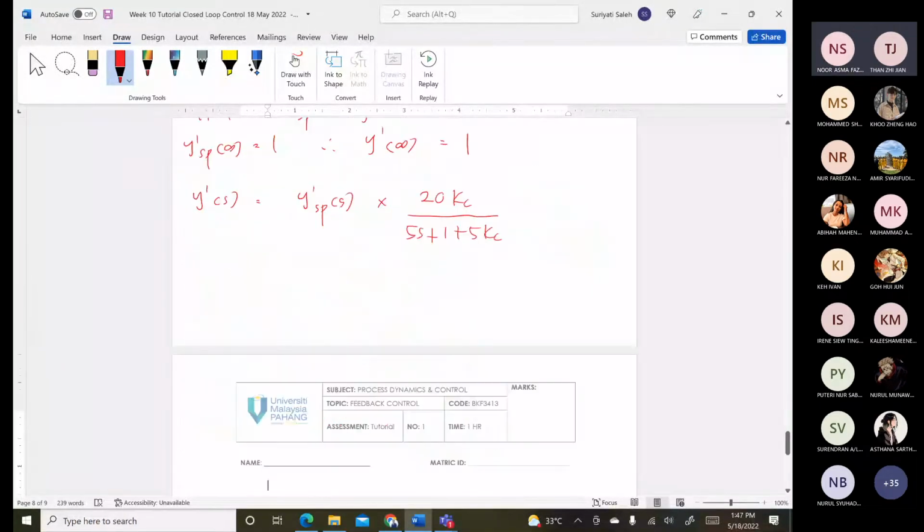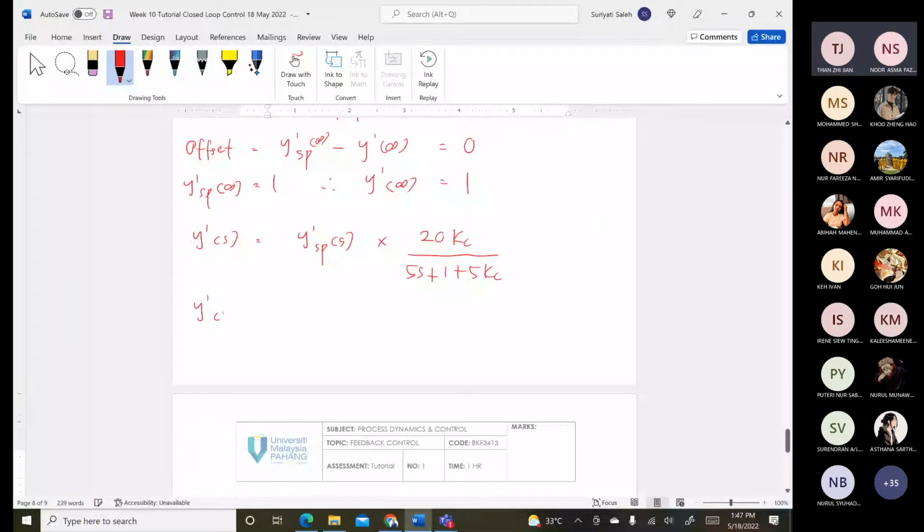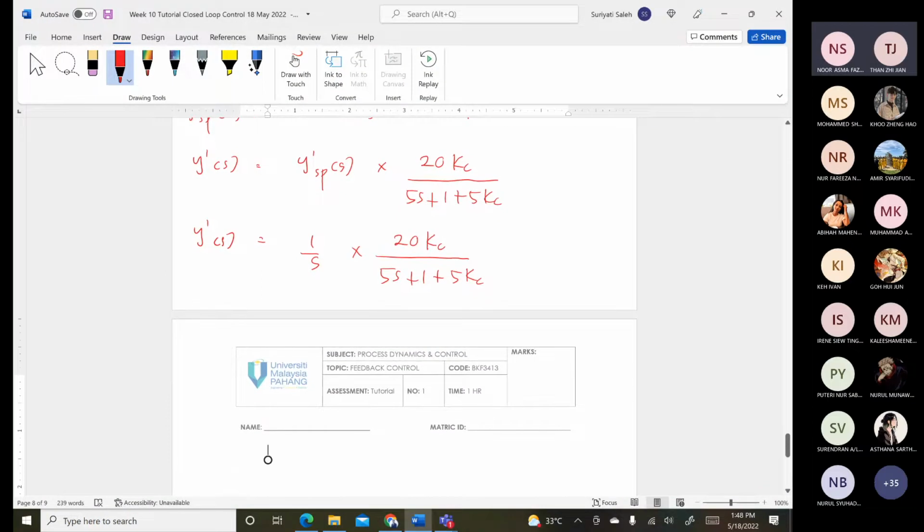So this equation, y prime s equal to y prime SPs, is 1 over s, multiplied with 20 Kc over 5s plus 1 plus 5 Kc. So we just use the y prime s.